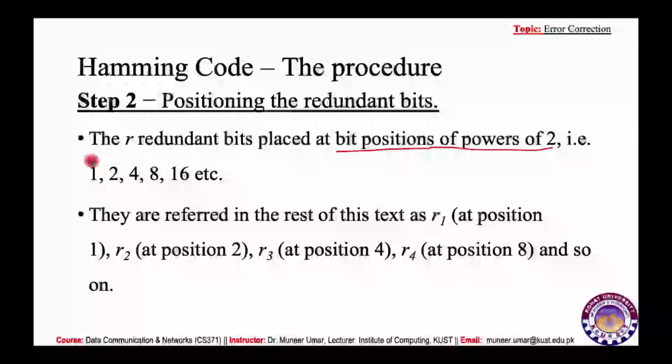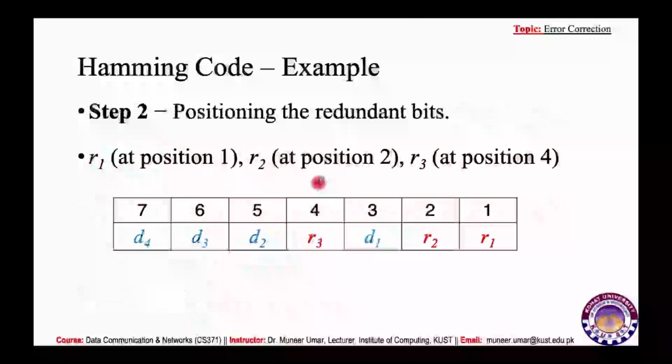So the positions should be 1, then 2, 4, 8, 16, 32, 64, 128, and so on. Here the positions are 1, 2, 4 according to this example, or according to the provided 4 bits. If we have a larger number, then R4 should be here at 8 and R5 should be at 16.